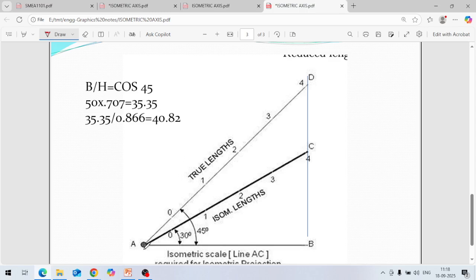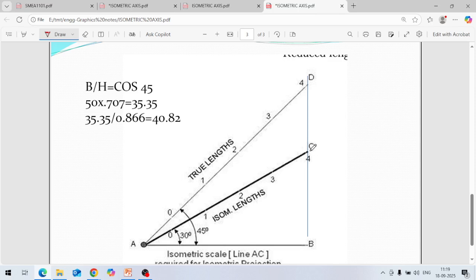Say this line AD, suppose its length is 50 mm, 10, 20, 30, 40, 50, and this angle is 45 degrees. Basically we have to calculate the length of the isometric line.